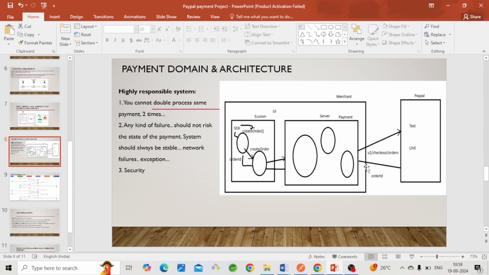That order ID is returned to the merchant server, and the merchant server of our payment system returns it to the e-commerce server.